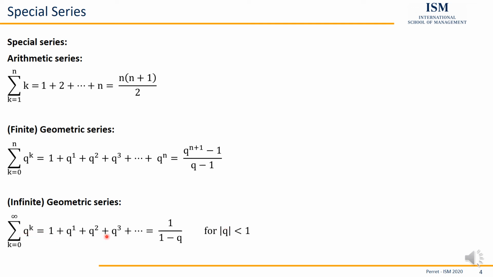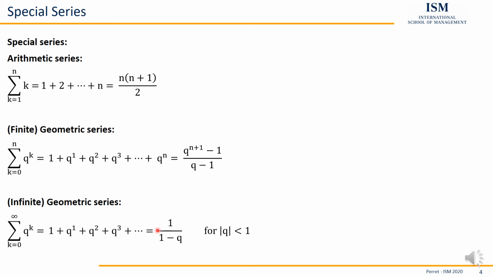Only then can we actually calculate the result of this geometric series. If this is 1 or larger, minus 1 or smaller, we won't have a solution to this. When its absolute is smaller than 1, we can calculate this pretty easily.